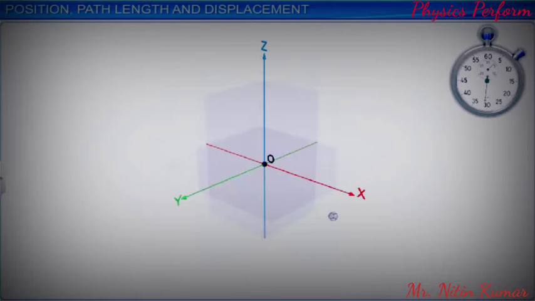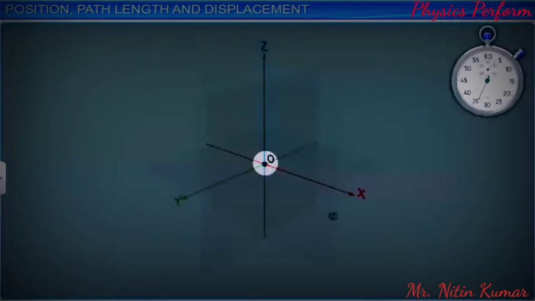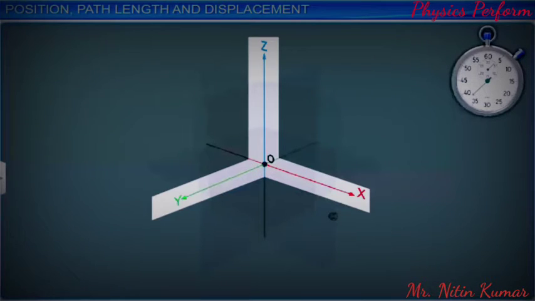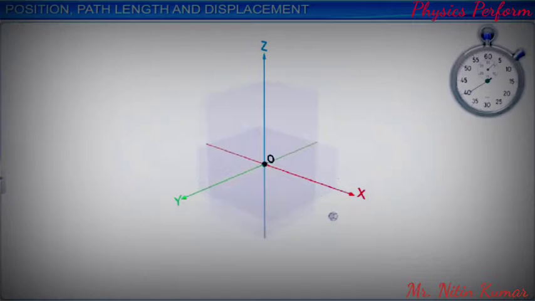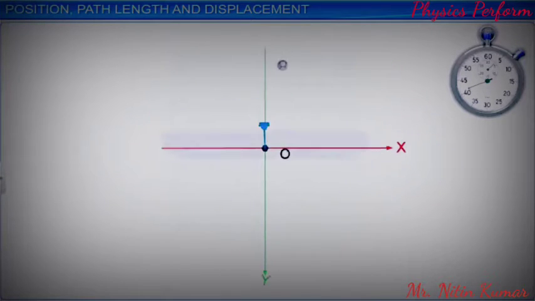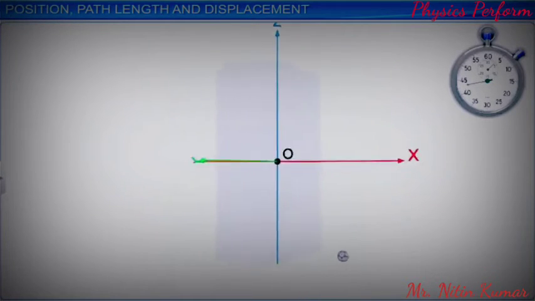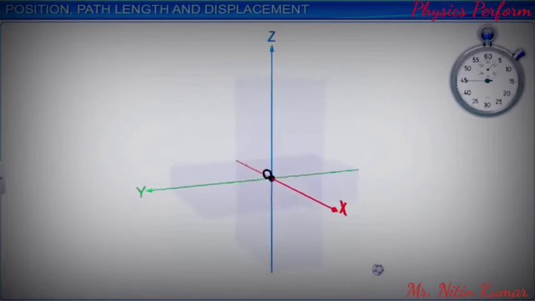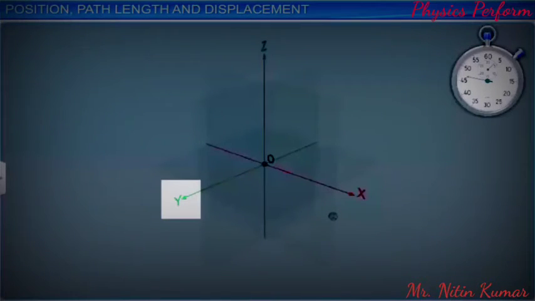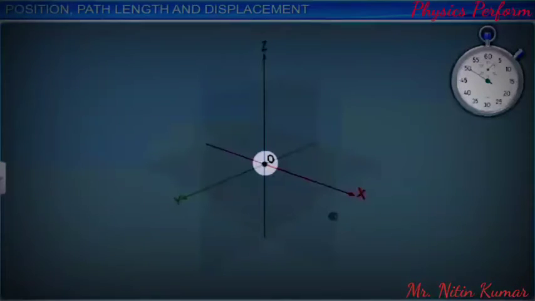To specify the position of a body, we use a reference point with respect to a set of axes. The set of axes consists of three mutually perpendicular lines labeled as the x, y, and z axis. The point of intersection of these three axes is called the origin.